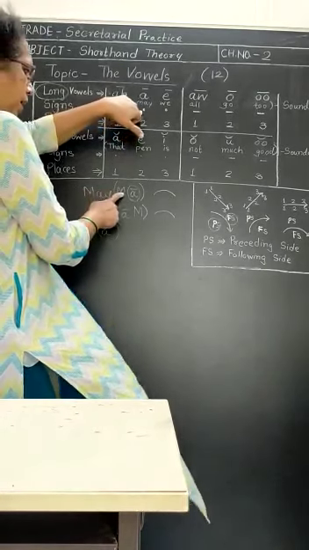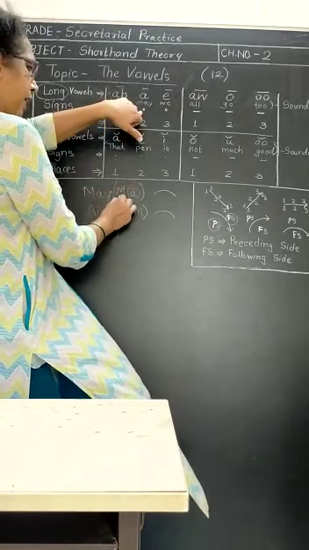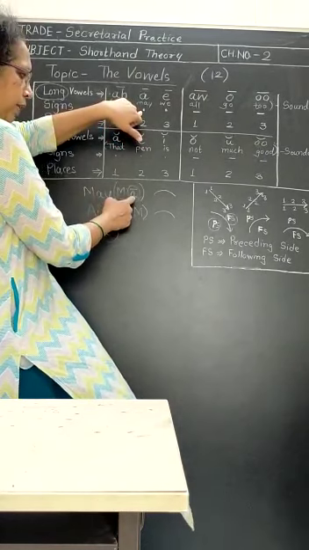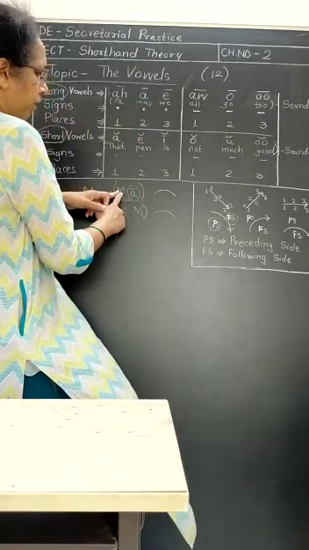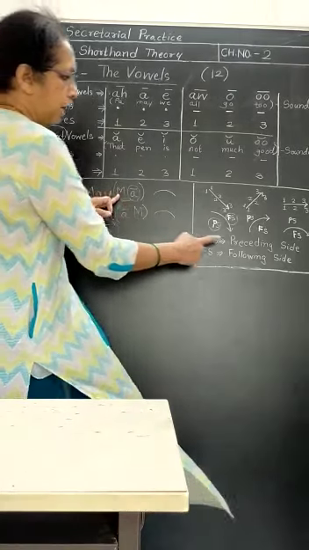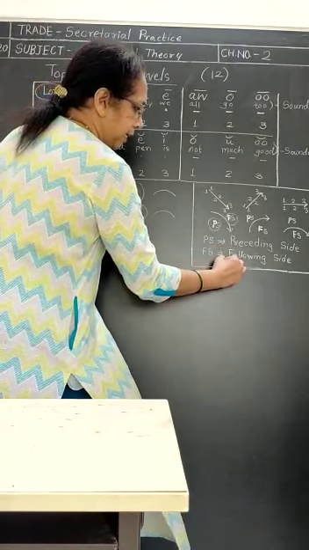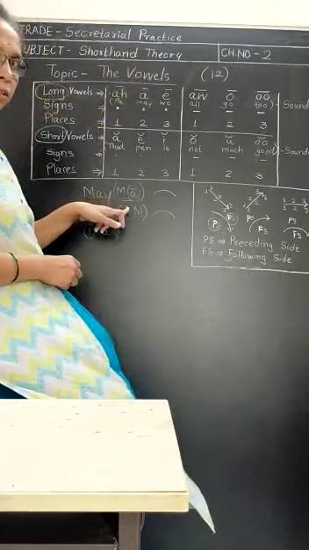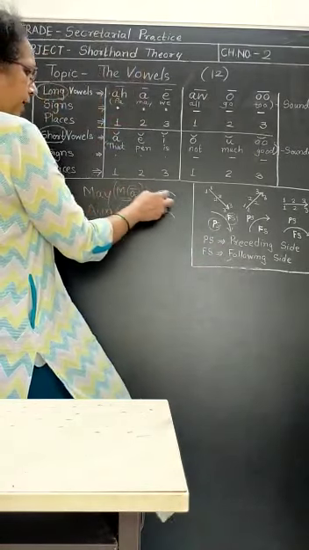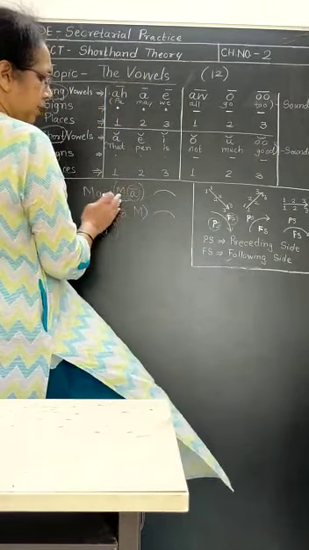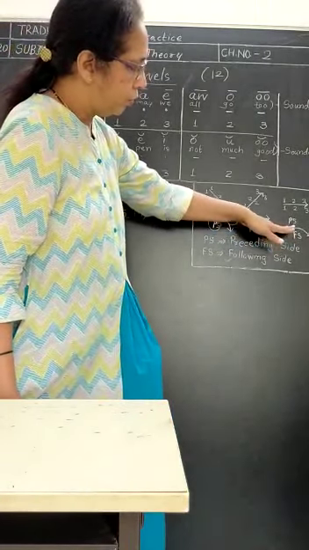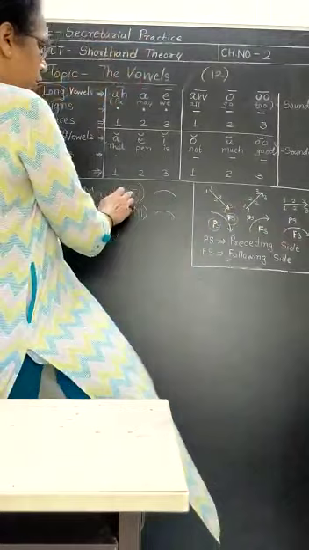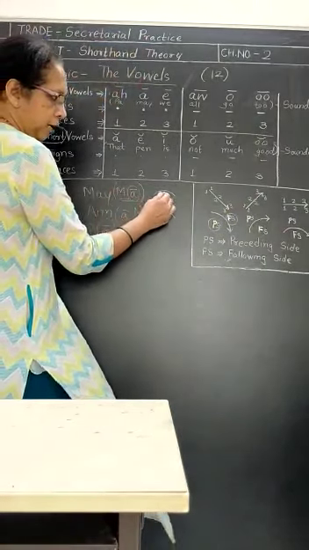In the word may, it is after M, so we have to write on the following side. May is a horizontal stroke, so the following side is downside. So we have to write it on the downside.